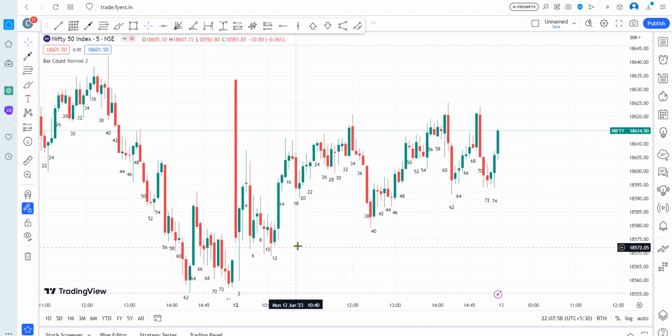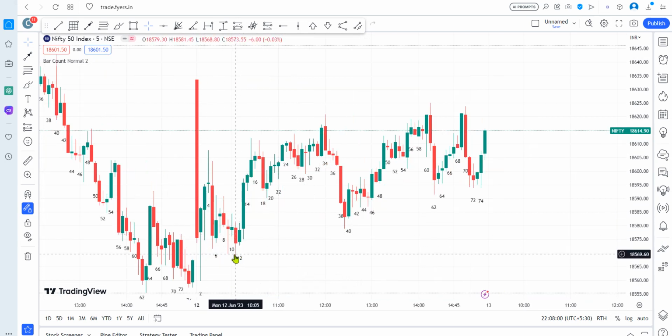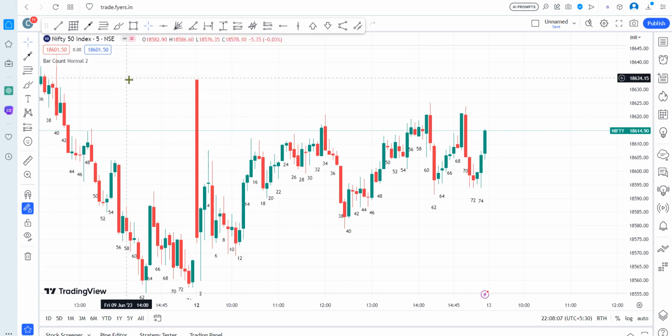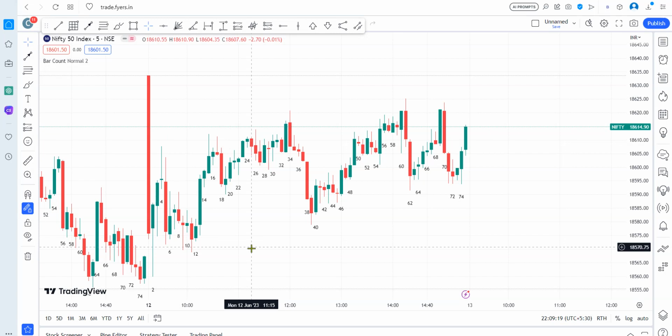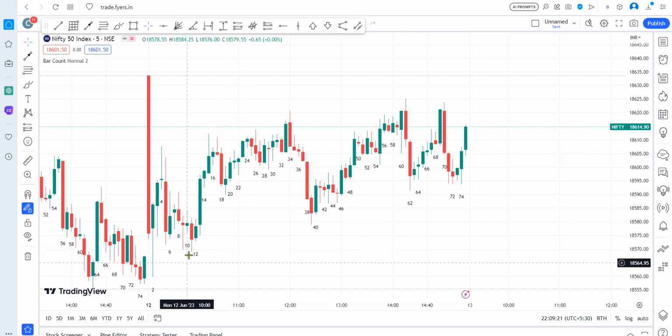After saying this, let's say someone sold here after the 11th candle. So if you sold here, after seeing this green candle, this green candle, what we can do is wait for a red candle.